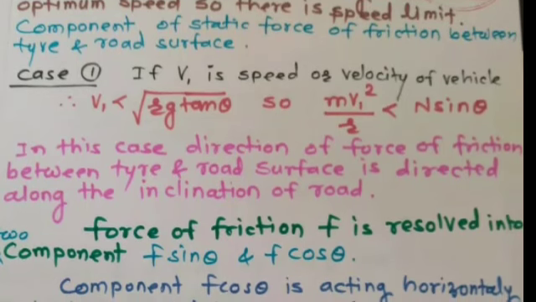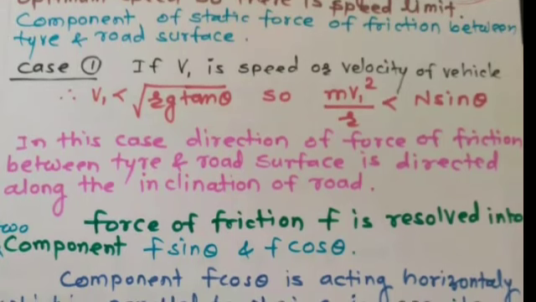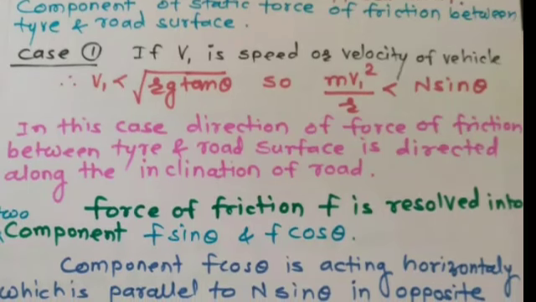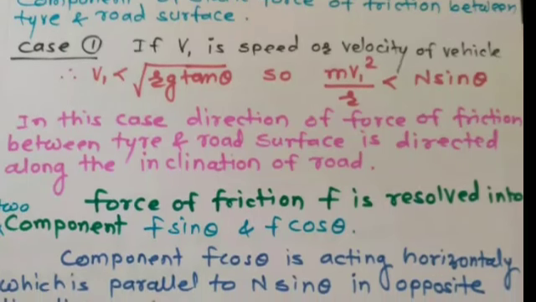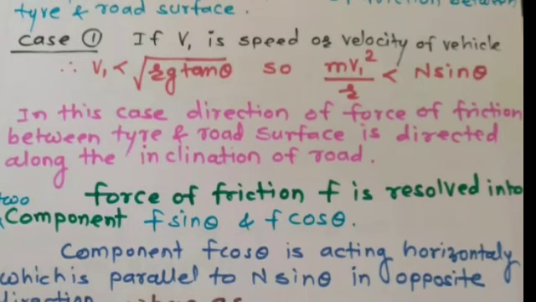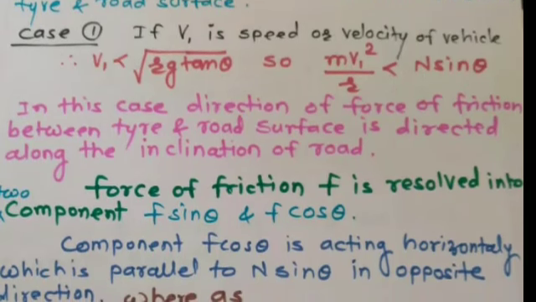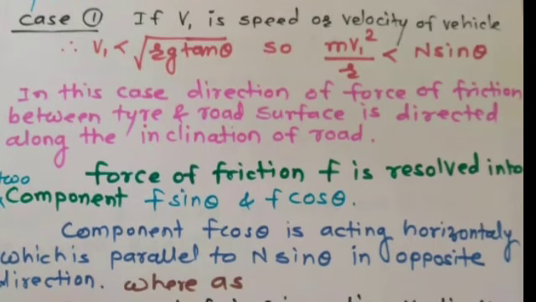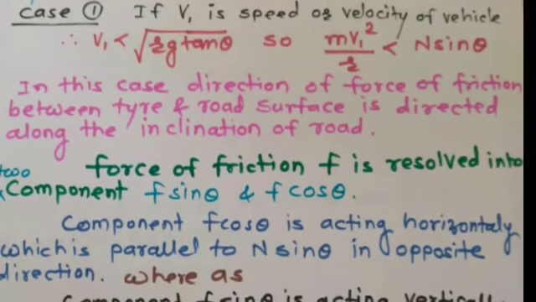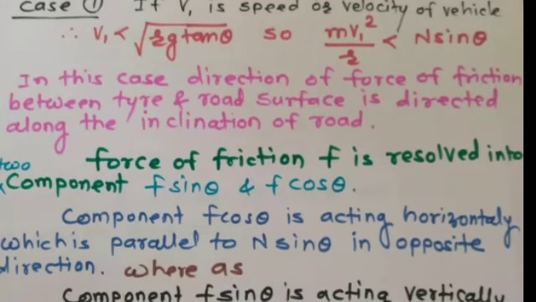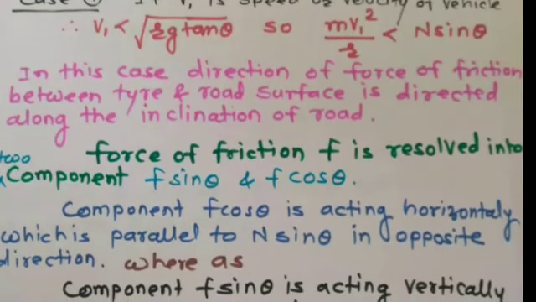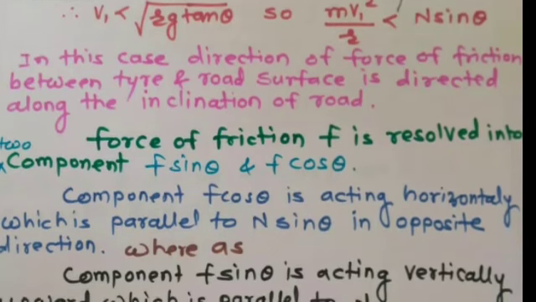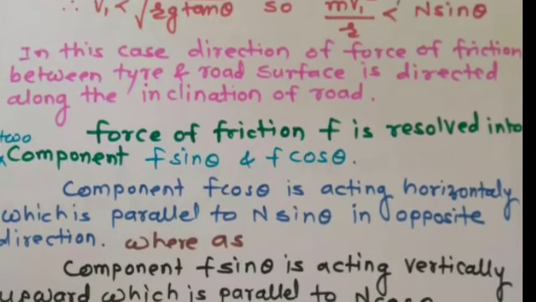Case 1: we can see that if v1 is the speed or velocity of the vehicle, v1 is less than the square root of Rg tan theta. So mv1 square upon r is less than N sin theta. In this case, the direction of the force of friction between tire and road surface is directed along the inclination of the road.